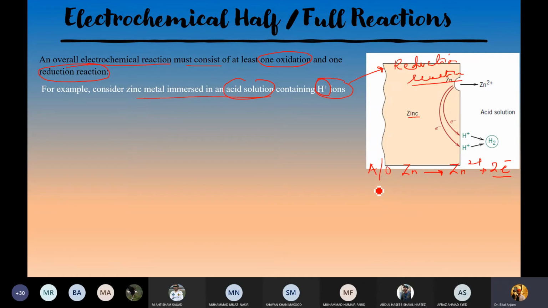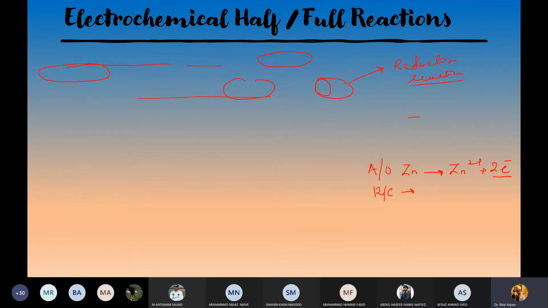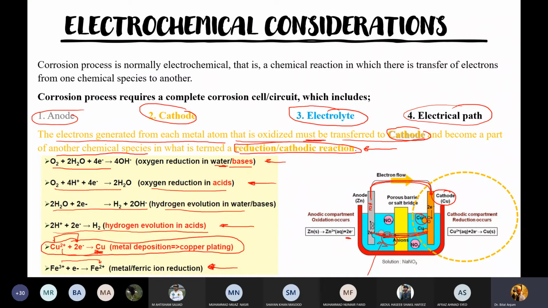As for the reduction or cathodic reaction, there are many possibilities, but depending upon the environment, you will define the reduction or cathodic reaction. If you see over here, this is the reaction that takes place when you have hydrogen evolution in acids.